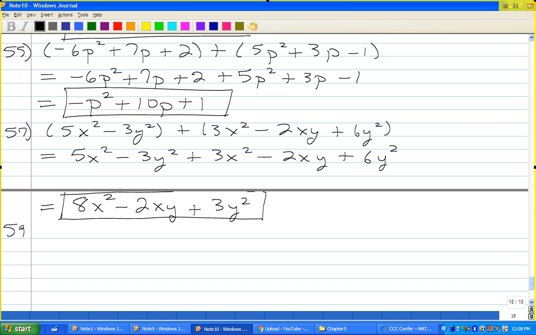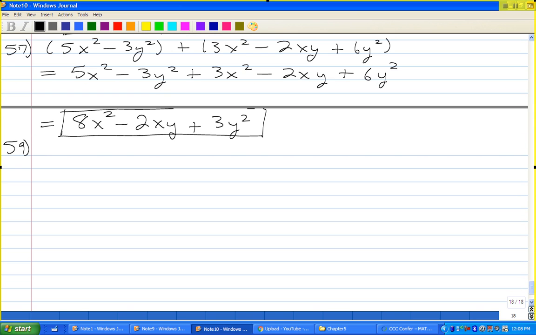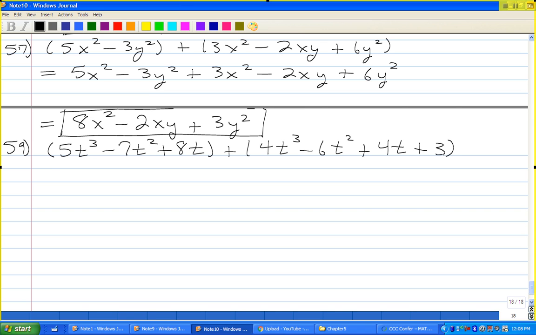59. 5t cubed minus 7t squared plus 8t plus 4t cubed minus 6t squared plus 4t plus 3.